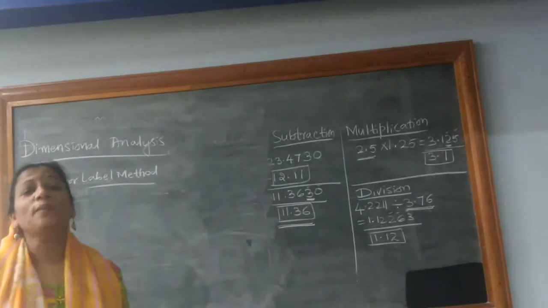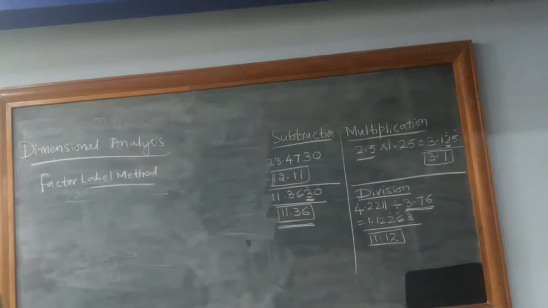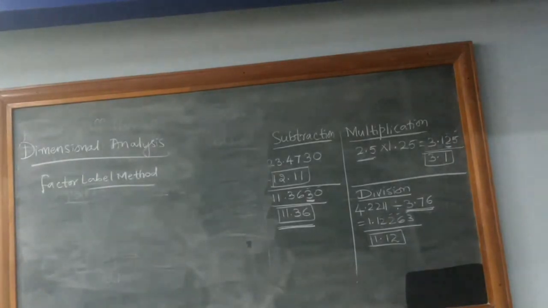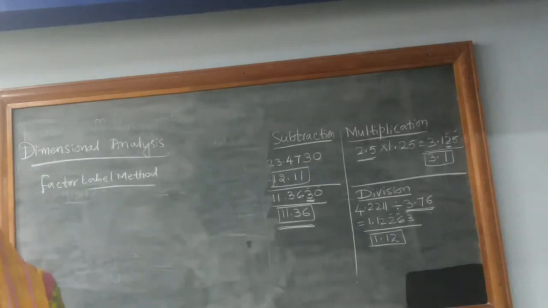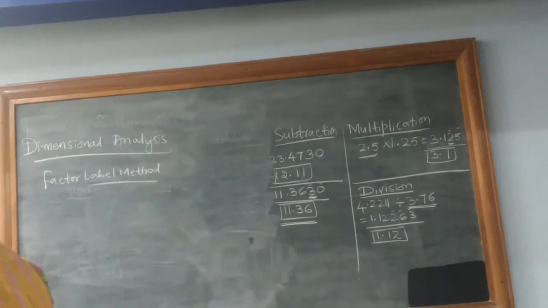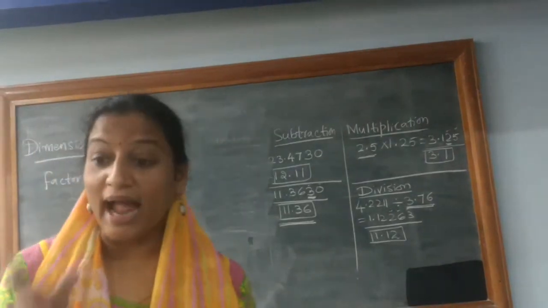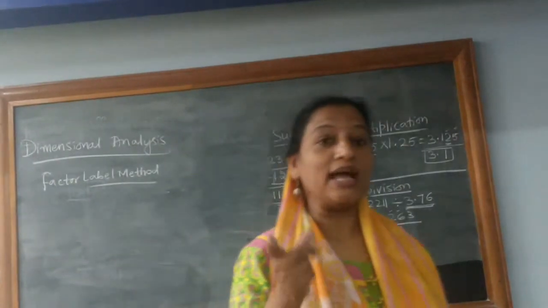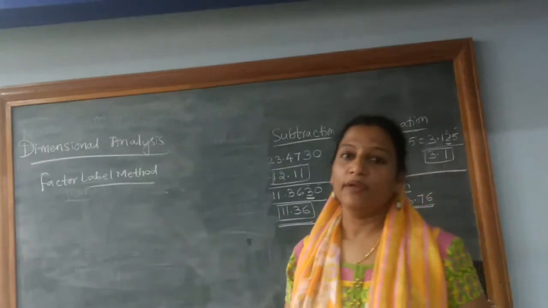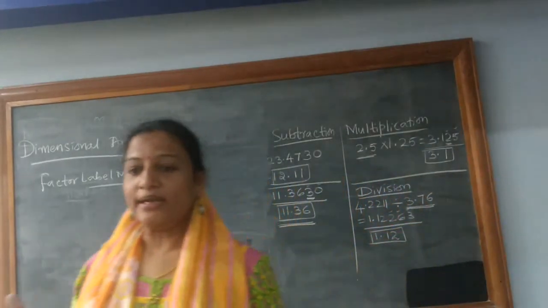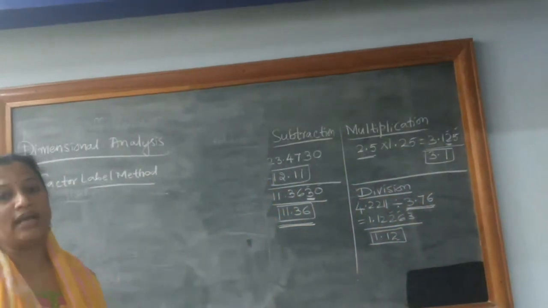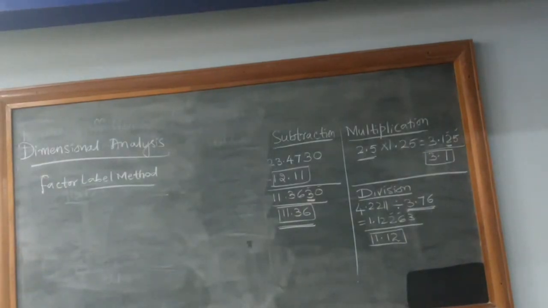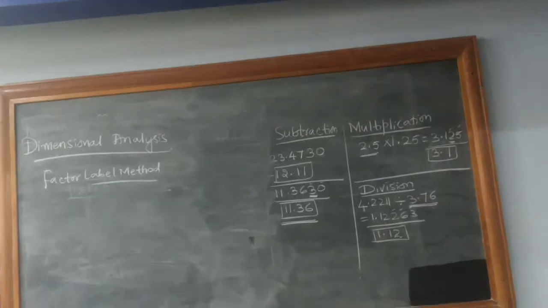Now in order to obtain a conversion factor, the desired unit should be in the numerator and the denominator will be having the quantity to be converted. Now I will solve one or two examples so that this concept becomes easy for you all.